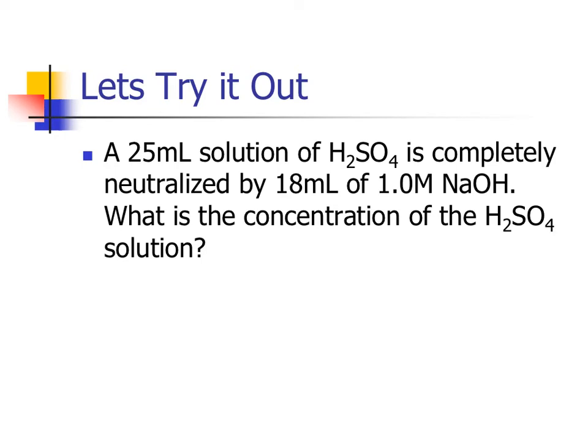So here they give us a little bit more information. A 25 milliliter solution of sulfuric acid is completely neutralized by 18 milliliters of a 1 molar sodium hydroxide solution, and they want to know what the concentration of the sulfuric acid actually is. So we have to, again, balance a chemical reaction, which I'm going to use from the previous problem.